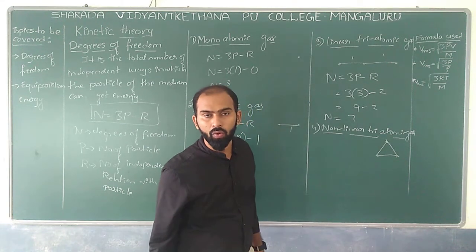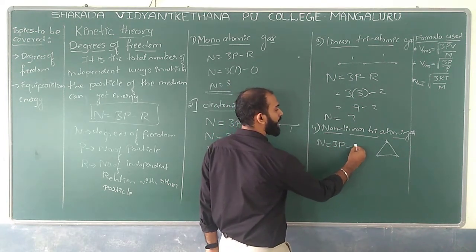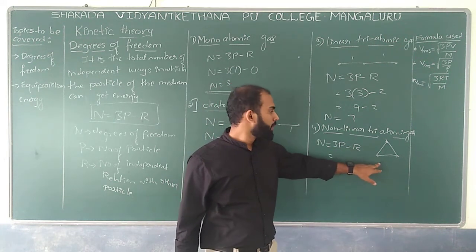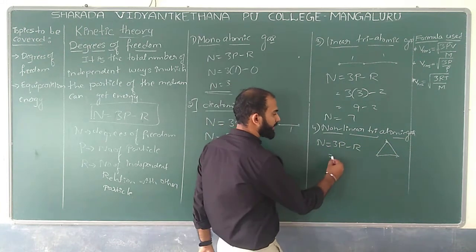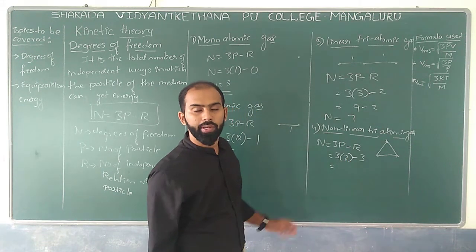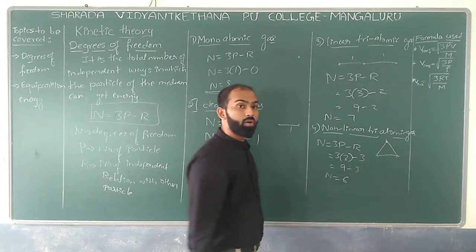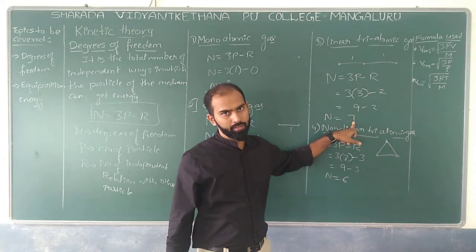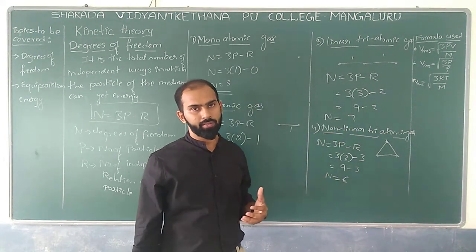Now, how many relations do we have? It's 3 relations. So if I say n is equal to 3p minus r, what is the p value I can expect? P is the number of particles. How many particles do we have? 1, 2, 3. Yes or no? Yes. So 3 into 3 is 9, and 9 minus 3 is 6. So though we have 3 particles, here also we got 7 degrees of freedom for the linear case. But for the non-linear triatomic gas, we get 6 as the degrees of freedom.